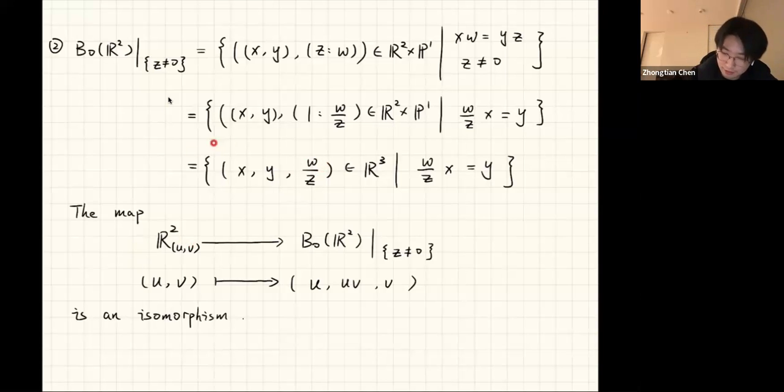Then we can identify this set with a copy of R2. Again, in this R2, I will use u and v as our coordinates. And this identification will just be, I take a point in R2 and it goes to this triple, where the middle one is a product of the first coordinate and the third coordinate.